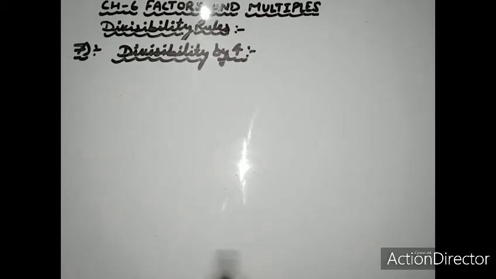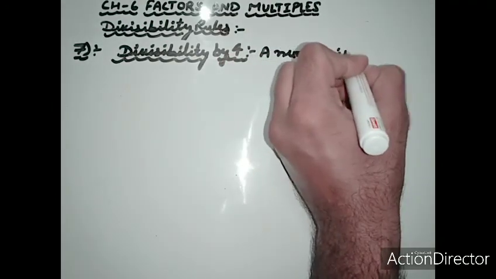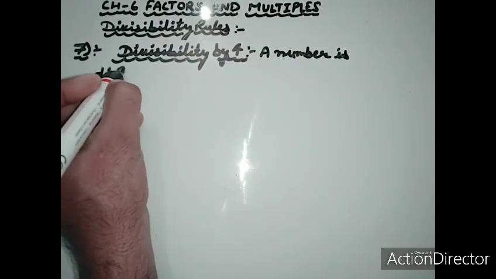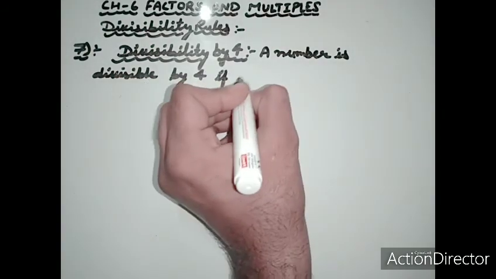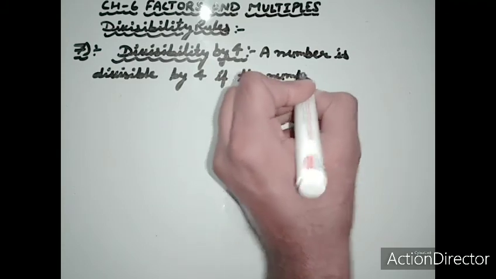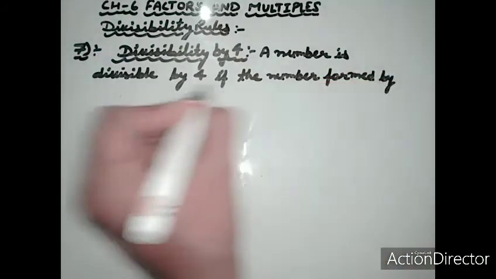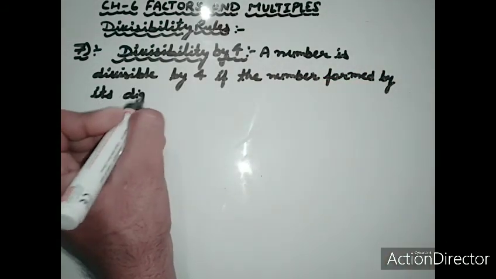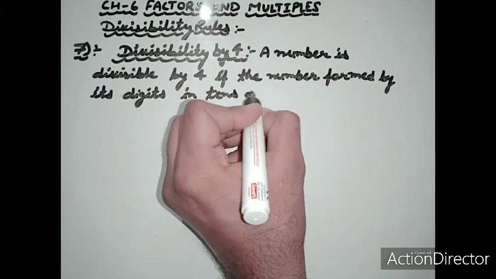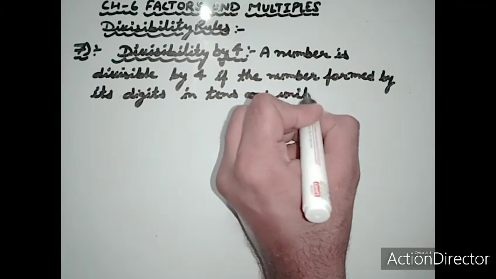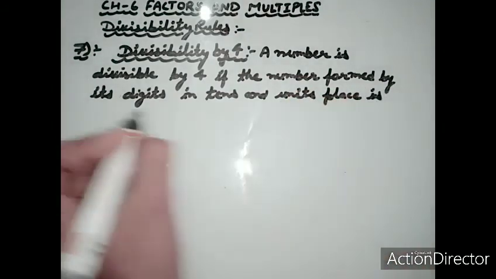So a number is divisible by 4 if the number formed by its digits in tens and units place is divisible by 4.